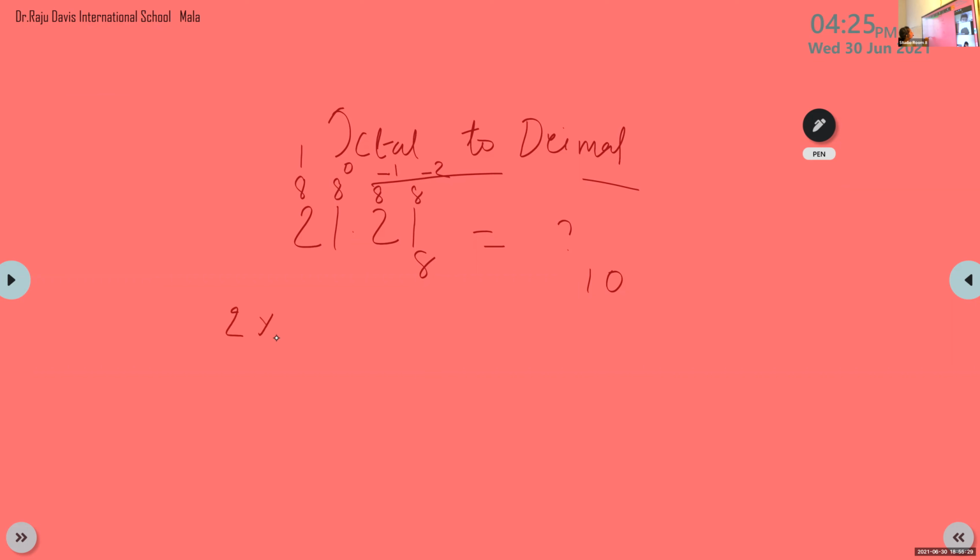So it is 2 into 8 plus 1 into 8 raised to 0 plus 2 into 1 by 8 plus 1 into 1 by 8 raised to 2. That is 2 into 8, it is 16, plus 1, plus 8 raised to 2, it is 64.